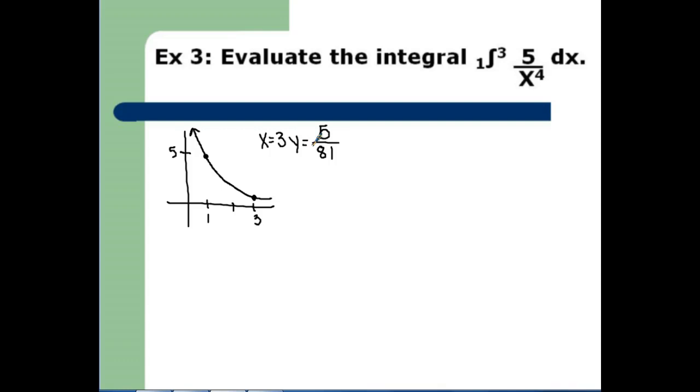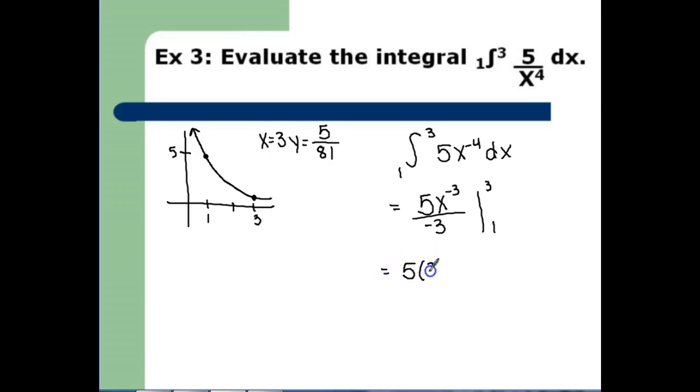So, antiderivative of 5 over x to the 4th. You can think about it as 5x to the negative 4th. You add 1 to the exponent and divide by your new exponent. Again, this represents capital F of x, this represents b, this represents a.